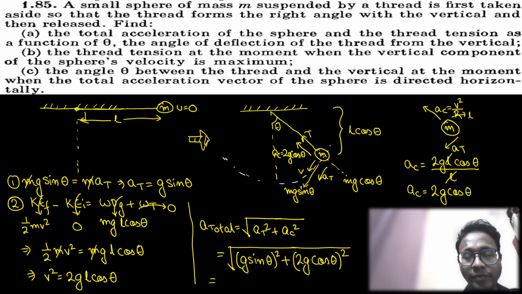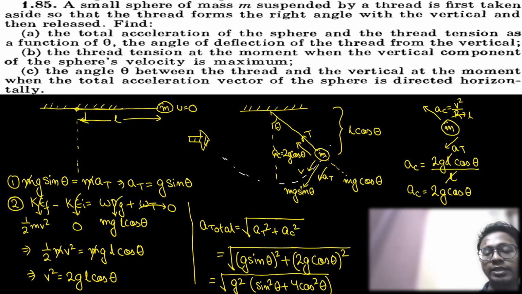If I take g square common, it is g square times sin square theta plus 4 cos square theta. Sorry, this is the value of total acceleration.